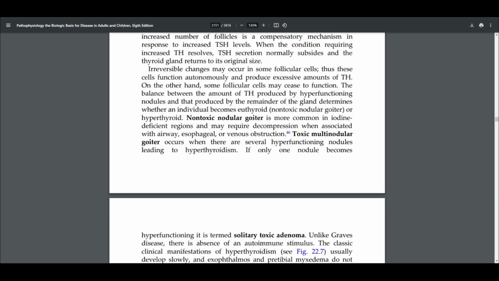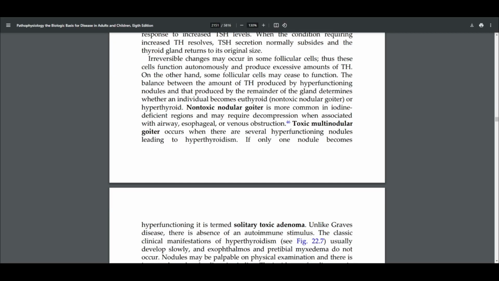Irreversible changes may occur in some follicular cells. Thus, these cells function autonomously and produce excessive amounts of TH. On the other hand, some follicular cells may cease to function. The balance between the amount of TH produced by hyperfunctioning nodules and that produced by the remainder of the gland determines whether an individual becomes euthyroid or hyperthyroid.